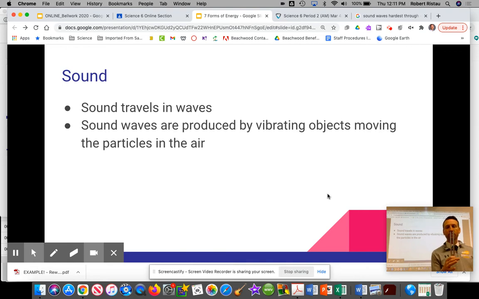The reason they would look blurry is because they're moving back and forth so quickly. That's the vibration. And then that vibration of the tuning fork is causing the air around it, those air particles, to vibrate as well, and that's allowing the sound to travel in waves. The wave from this vibration goes out from one particle to the next, to the next, to the next, and expands all the way through.